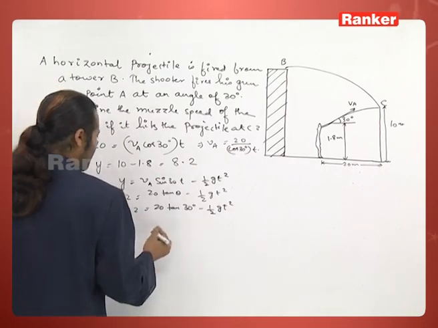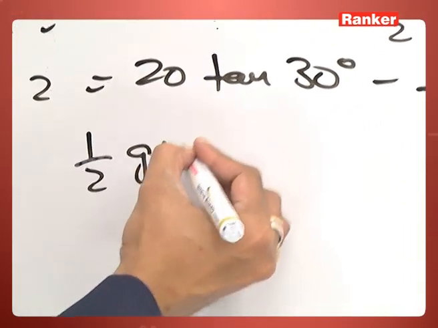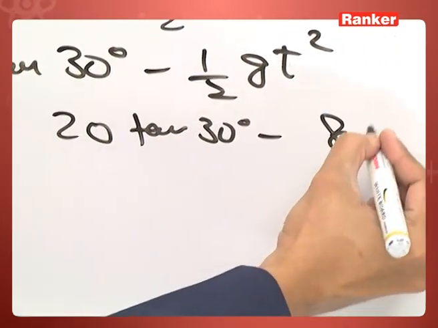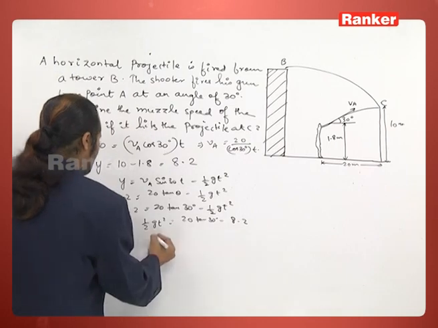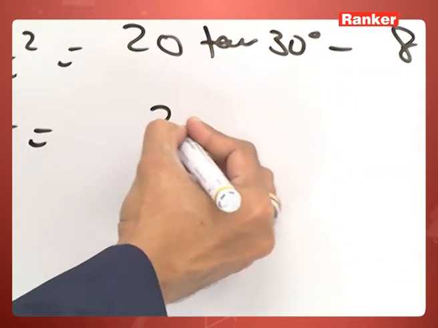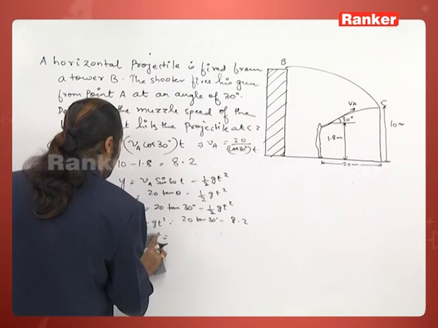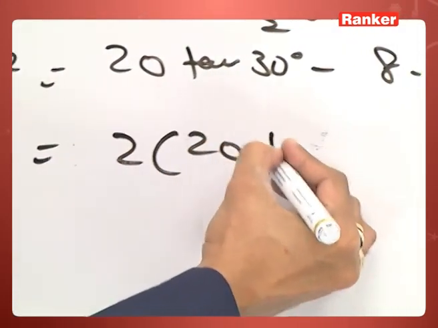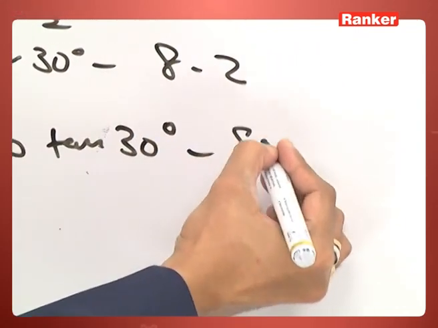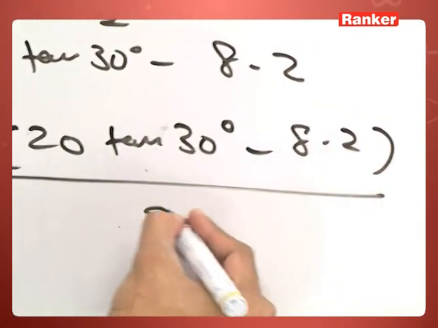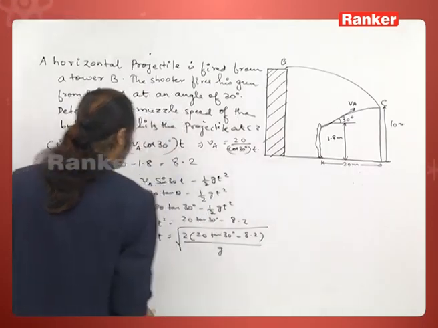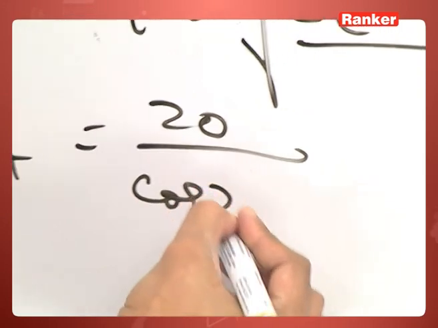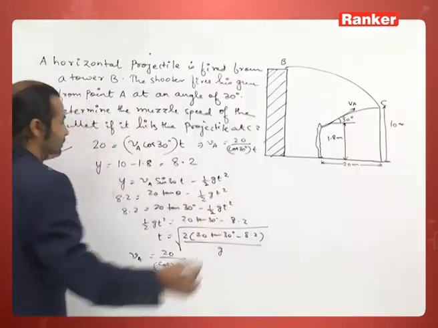So I can calculate here half g T square is equal to 20 tan theta minus 8.2, or T is equal to root over 2 into 20 tan theta minus 8.2 by g. Once you calculate T, you can calculate VA as 20 by cos 30 into T.